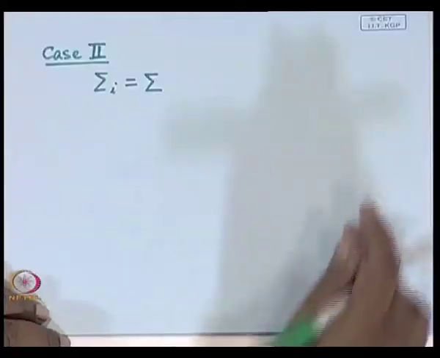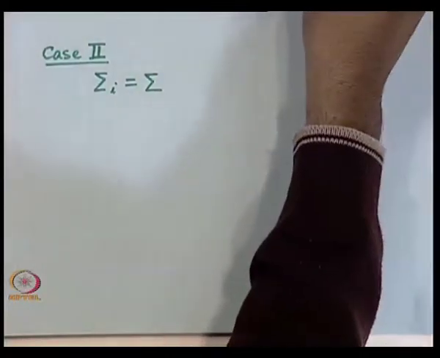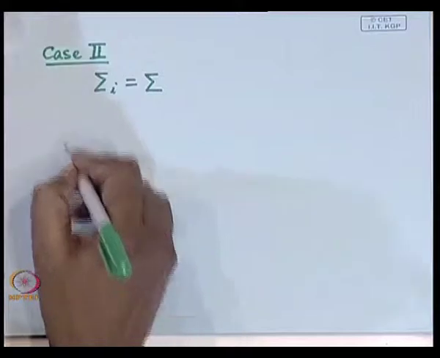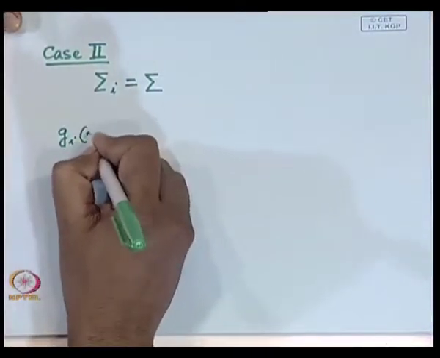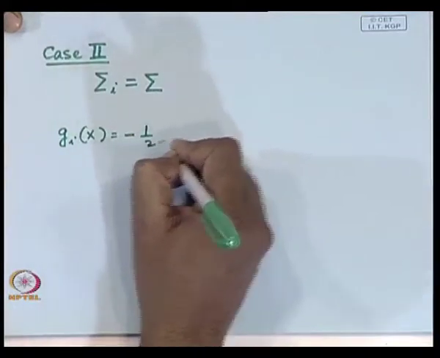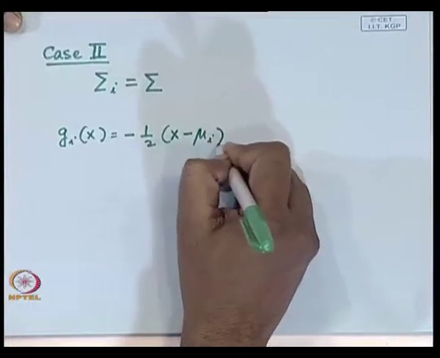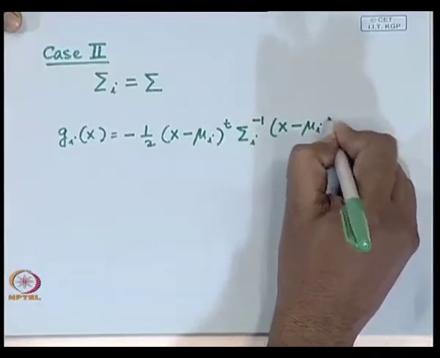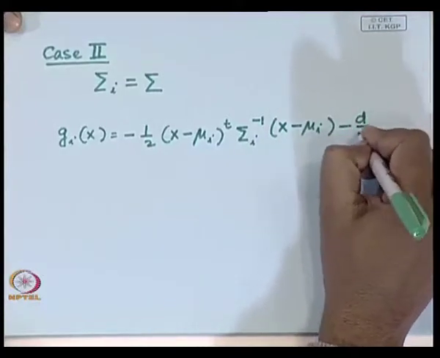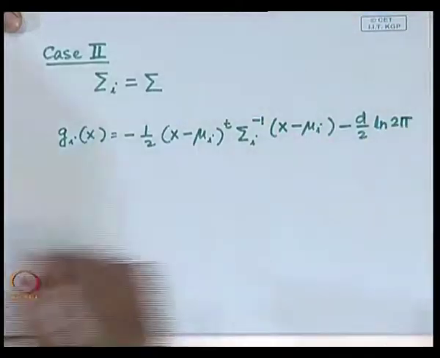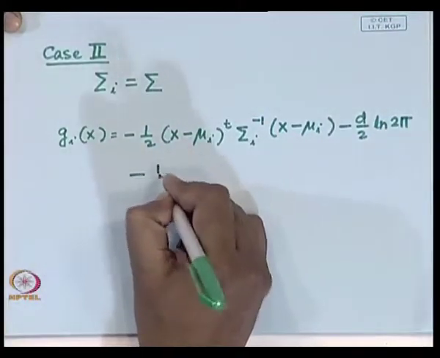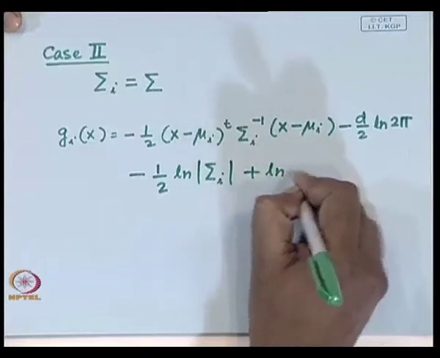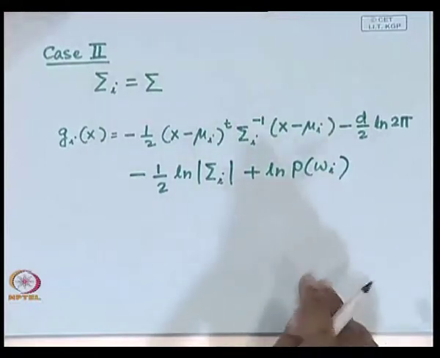Here again you find that, out of the general expression of the discriminant function, g i x is equal to minus half x minus mu i transpose sigma i inverse into x minus mu i, minus d by 2 log of 2 pi, and so on.